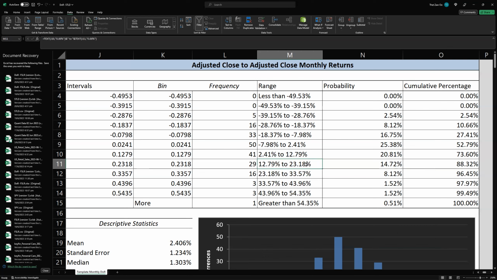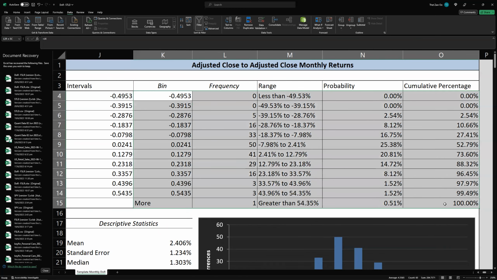And if I want to look at the probability of First Solar returning 23.18 or higher, then we are looking at 100 minus 14, which is about 85% like that. Make sure you know how to calculate all this. And this is the data range.